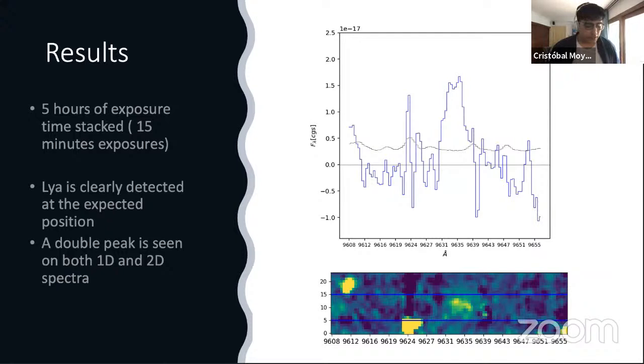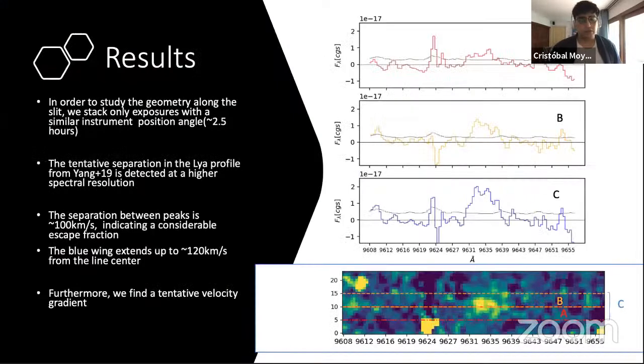But this wasn't enough. We wanted to see if we could say anything about the geometry of the system within the slit. So what we did next is that we stacked only the data that had the same position angle of the instrument. This is important.